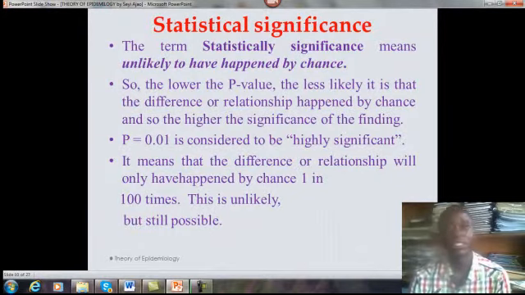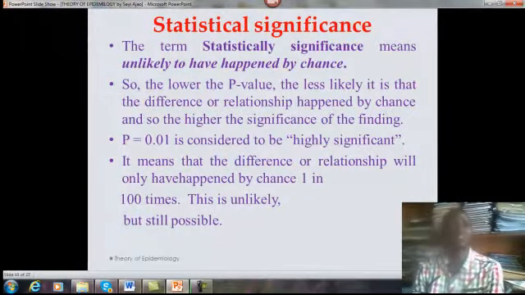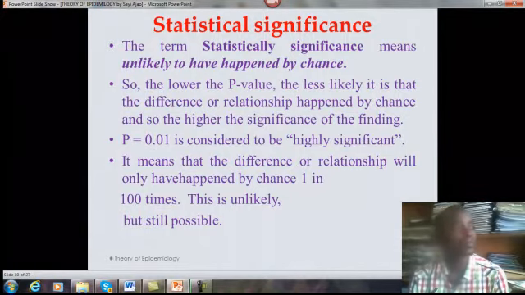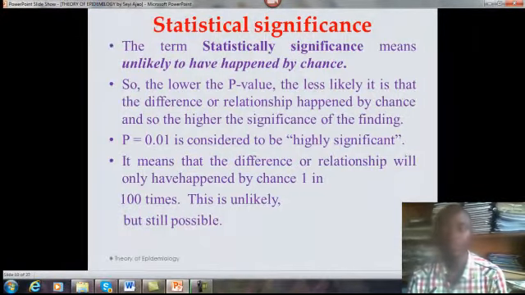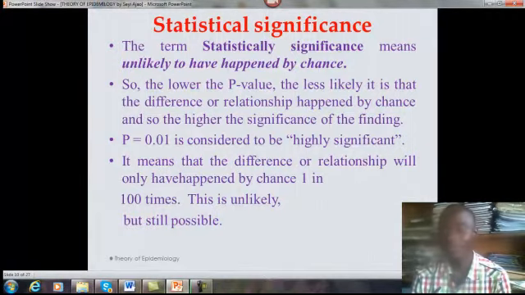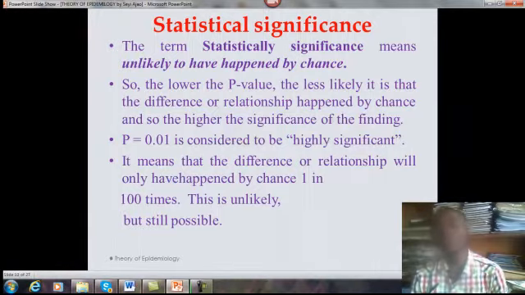Then what is statistical significance? The term statistical significance means unlikely to have happened by chance. If you are carrying out a test and you are testing for relationship or difference, you want the p-value to be very low so as to increase the significance of the finding. So if the p-value is 0.01, it is considered to be very highly significant because it's very, very low.